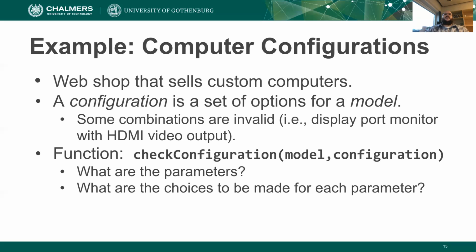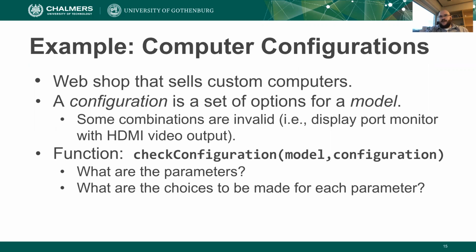Now, when we are going to test this, we need to think a little bit. When we're testing this, we don't need to just pick a model and configuration arbitrarily, but rather we should think about what these mean and what we have control over when we test, because those are our choices that we make when designing test cases. It's not just a model and configuration, but we need some information on what defines a valid configuration.